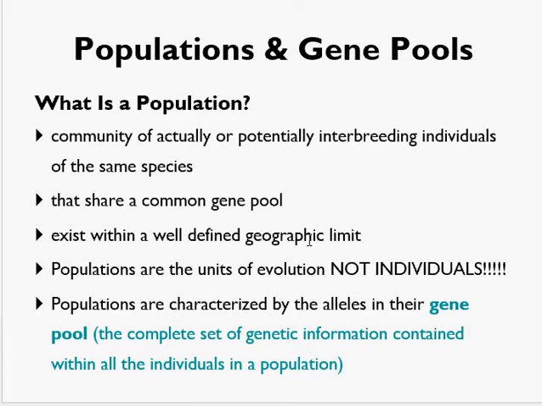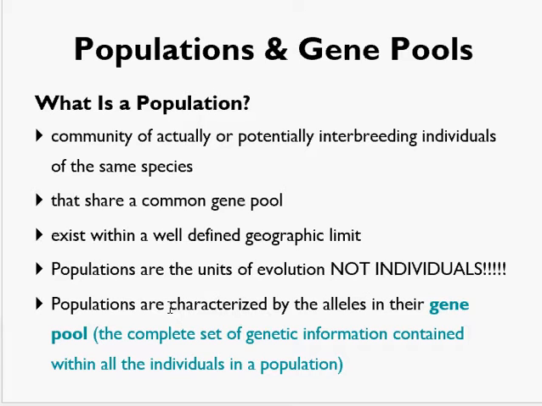Populations exist within a limited geographical area, and as I said, they are the units of evolution. So the future generations of that species within that population have access to all of the genetic material within the population, so that the genetic material which is most suited to the environment should be the ones which are selected for and go forward.